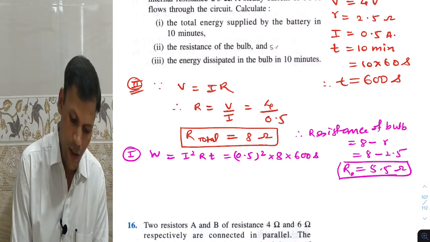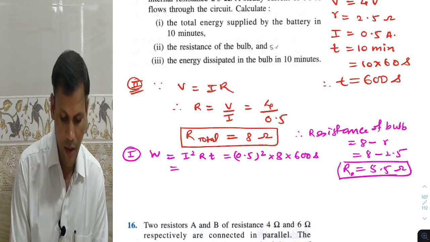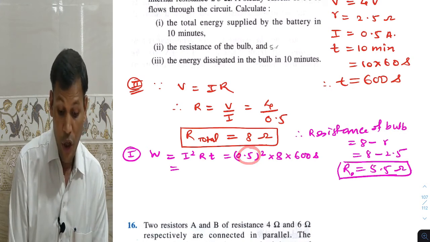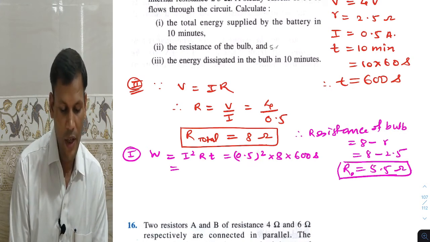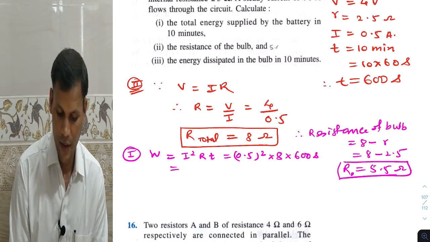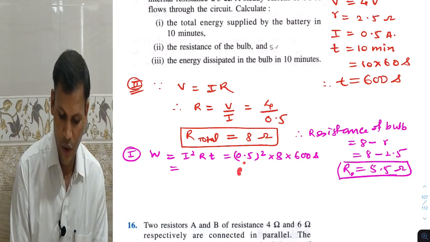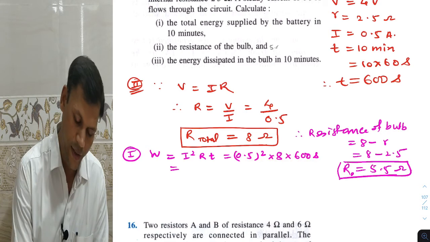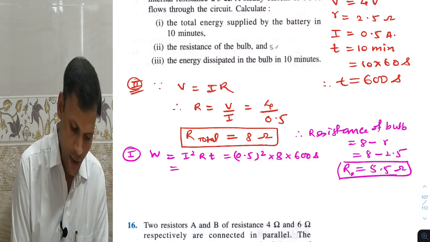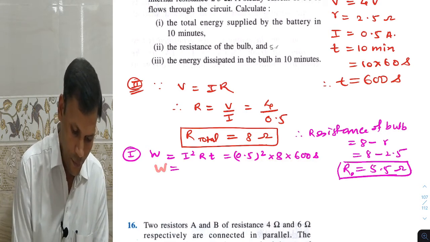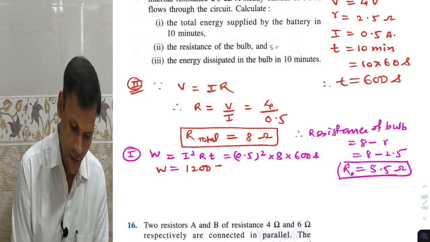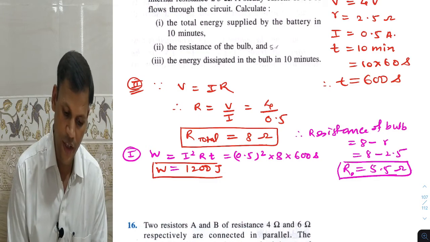So multiply these all, 0.5 to the whole square will be 0.25. 0.25 into 8, which will be 2. 2 into 600 will be 1200. So W is equals to 1200 joule, that we get.